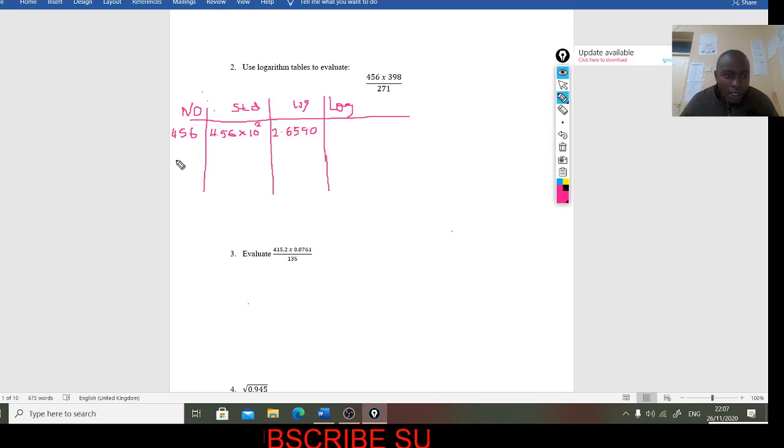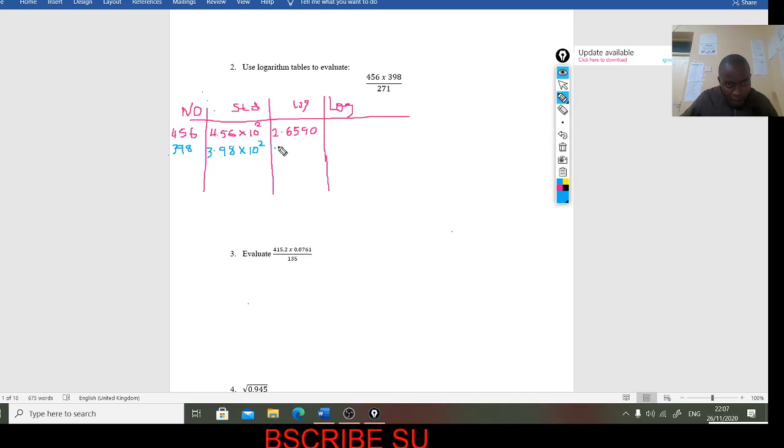So we take 398. Standard form it is 3.98. I move 1, 2, it's 3.98 times 10 raised to power 2.